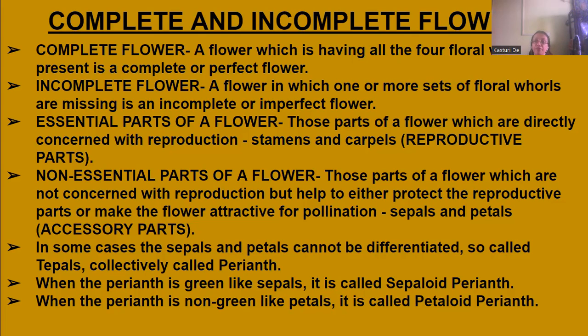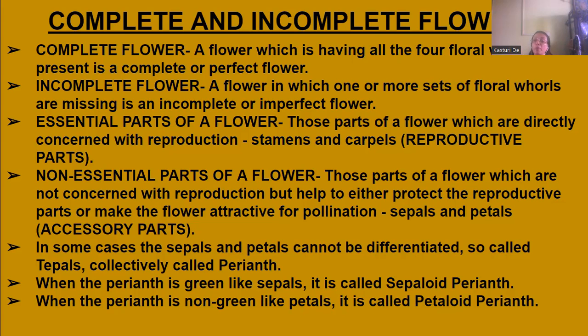Essential parts of a flower are generally those parts which are directly concerned with reproduction, like the stamens and the carpels. They are known as reproductive parts because they are the male and the female reproductive parts, which produce the male and the female gametes. So these essential parts are the stamens and the carpels, or you can say Androecium and Gynoecium.